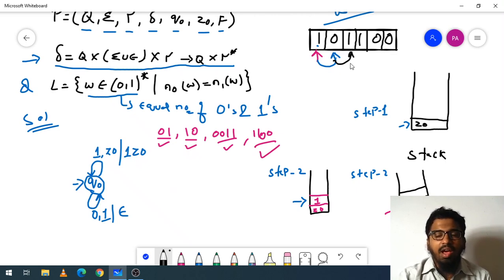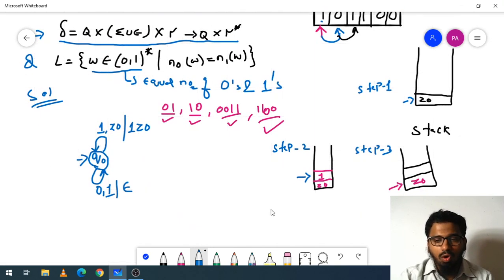Now whenever we have 1, here we have the 1, and what is at the top of the stack here? This is step 3. The top of the stack is Z0. So whenever we have 1 comma Z0, what do we need to do? The same thing, 1 Z0. This is the answer. That means what will be step 4?